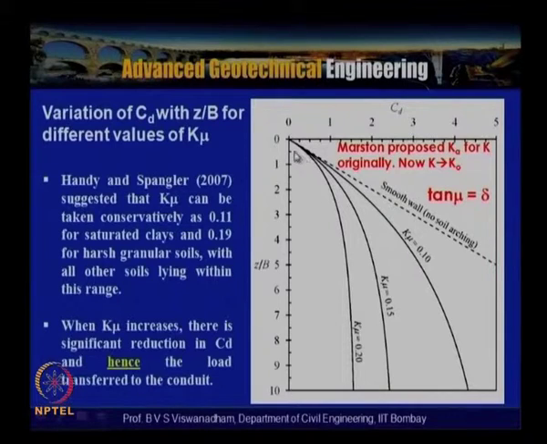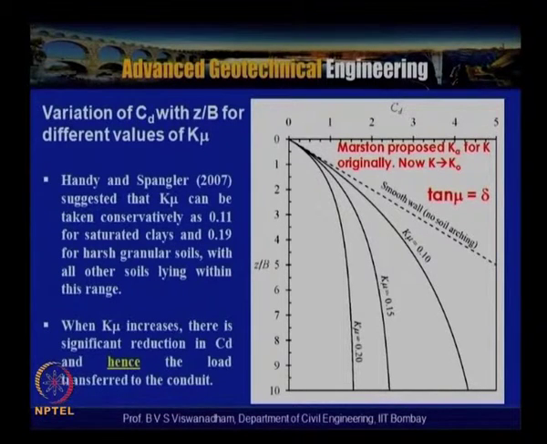But when K mu is equal to 0.1, 0.15 and 0.2, you can see that as K mu is increasing, there is a decrease in the CD value.